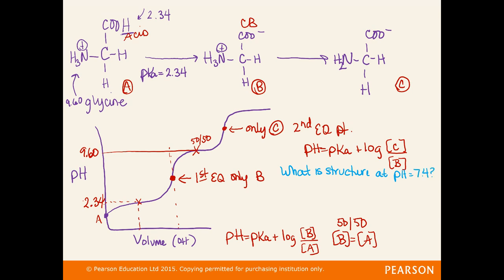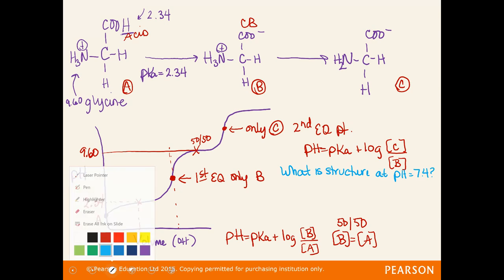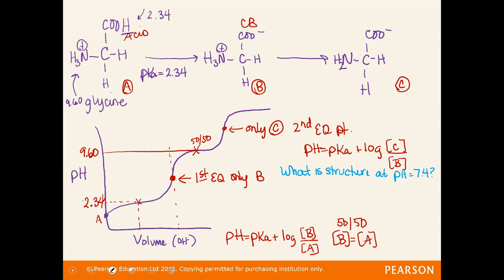And so what's the structure at pH 7.4? Now my graph isn't so pretty. There's a prettier one coming up later of this exact one. But if we look closely, we would see that 7.4 would be somewhere around in here, where I've highlighted in yellow. Okay, somewhere in there.